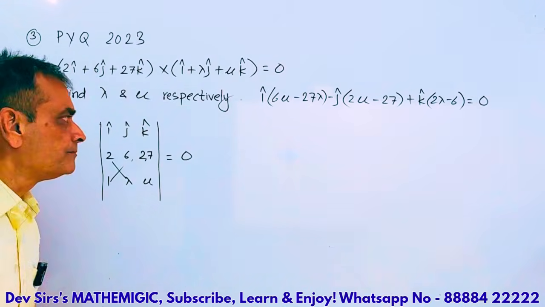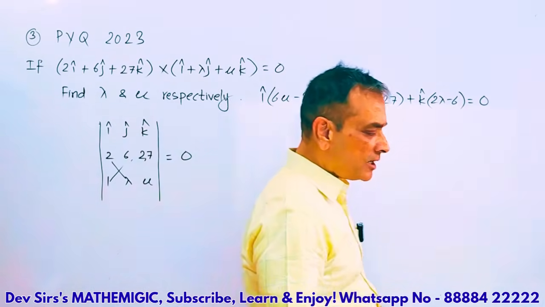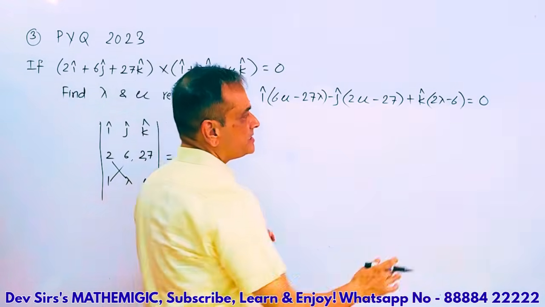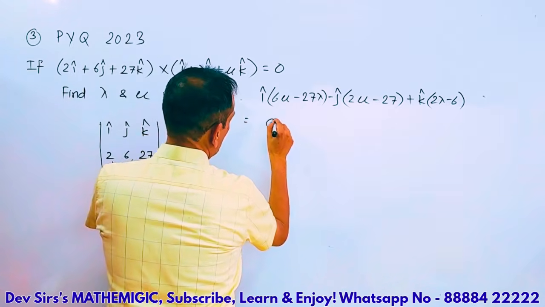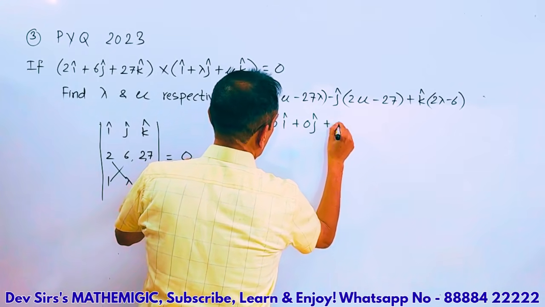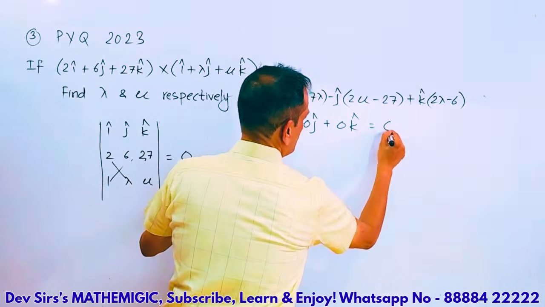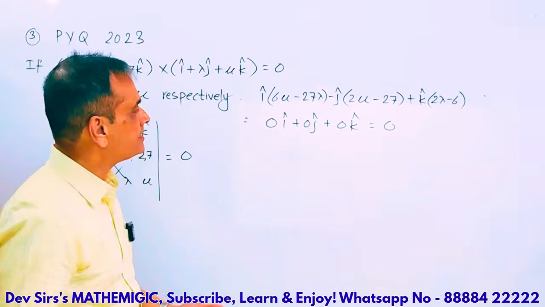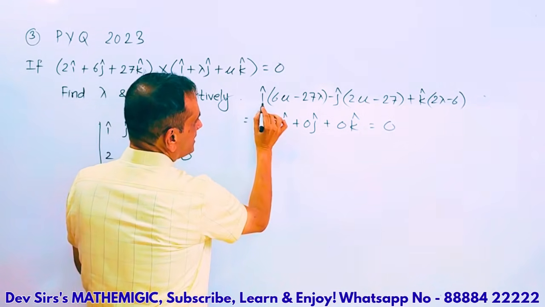Equal to 0 is given. Now the thing is, 0 is called a null vector. 0 is the zero vector or null vector. So this 0 I can also write as 0i plus 0j plus 0k. That is 0, the null vector. So why did I write it this way? Because we compare. Coefficient of i is 0. Coefficient of i is this.